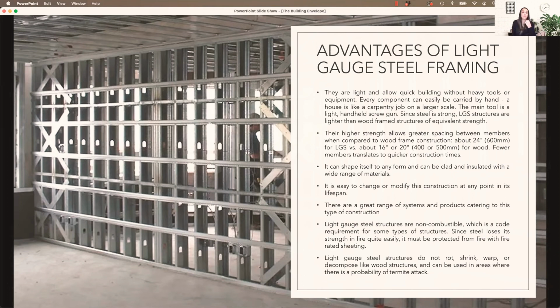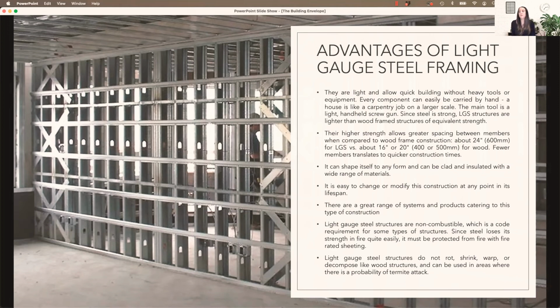So it lends itself to those types of constructions better than wood does. Again, it's non-combustible. That's why you see it in a lot of commercial buildings, for fire prevention. And unlike wood, it's not at risk of warping or shrinking or really changing over time. It's going to stay very consistent and remain very rigid.